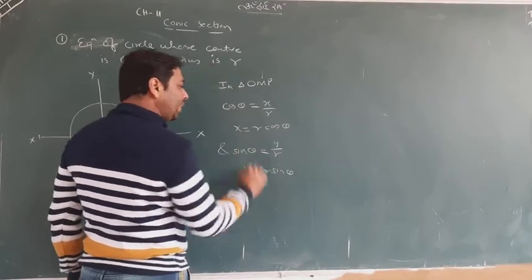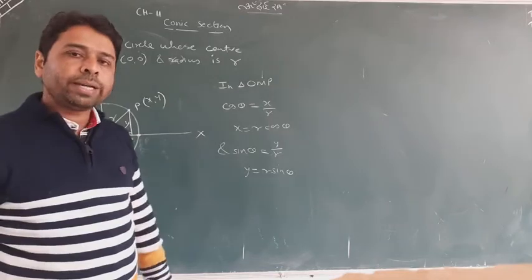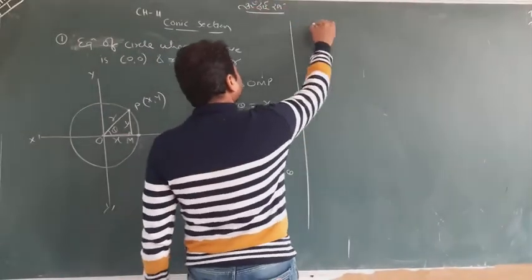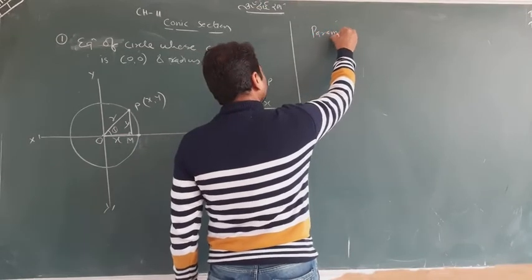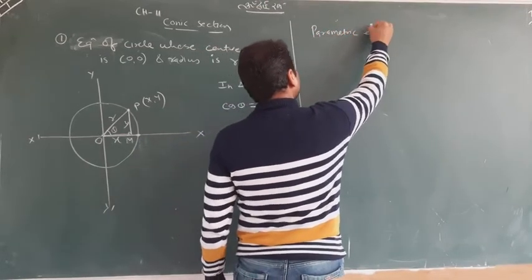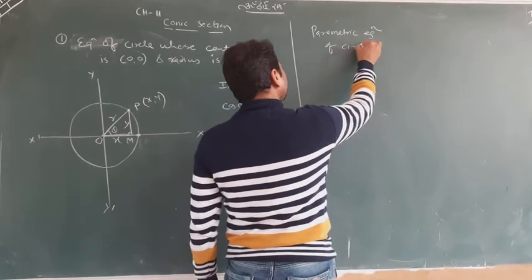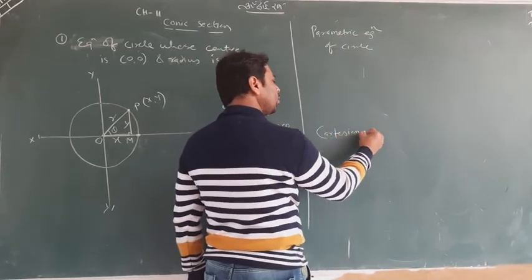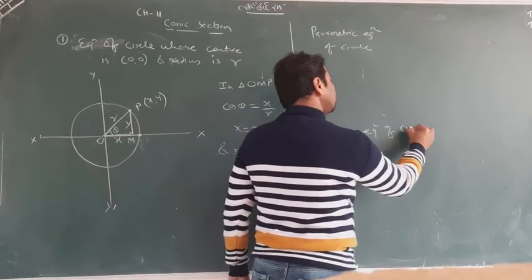Before telling you anything more, I just want to tell you something very important: we have two kinds of equation of a circle, the parametric equation of a circle and the Cartesian equation of a circle.